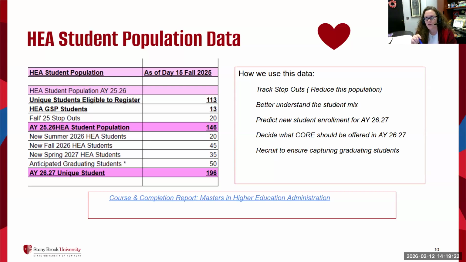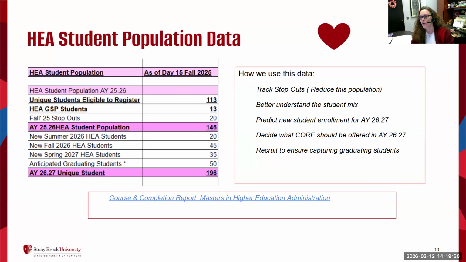So for academic year 26-27, we can plan and say, we think we're going to get 20 new students, 45 new students in the fall, 35 new students in the spring, but we have to keep in mind 50 students are graduating. So we're adding to our 146, but we're taking out those that are graduating, because the report that we're going to show you, like the big report, it indicates when students are applying for graduation.